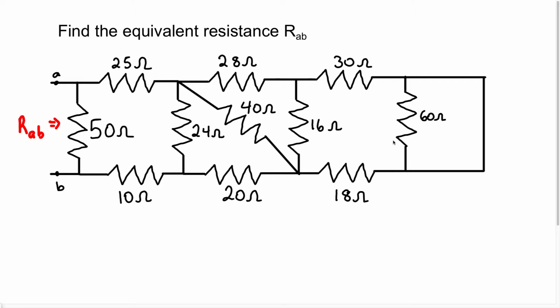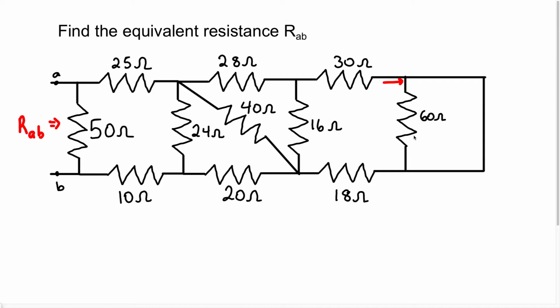So when the current leaves this resistor and reaches this node, it has two options. But because there is no resistor here, no current is going to flow this way. Therefore, all the current is going to flow this way, which means this resistor is basically useless to us, so we can just discard it for now. That's one way to look at this problem, right?